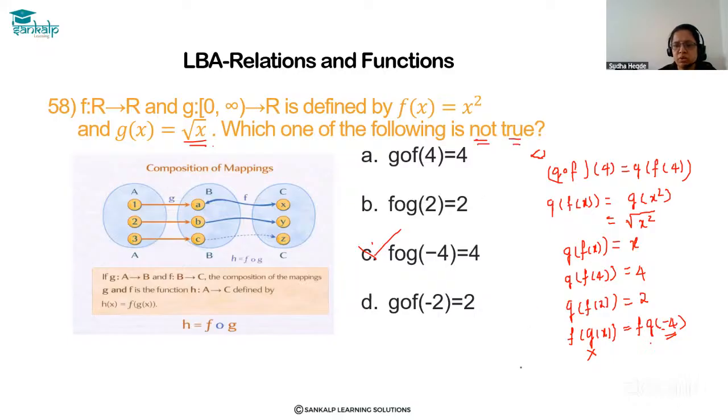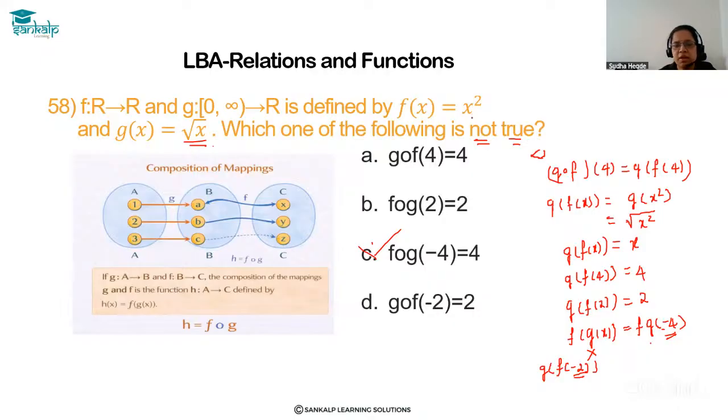This is not true. But let us take the last option also. g of f of minus 2, because here also you have minus 2, but minus 2 you can insert for f, because f is x square and domain is R. You can substitute even negative value for f, but for g you cannot.